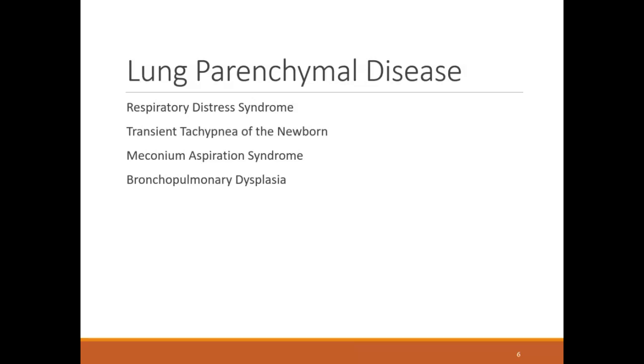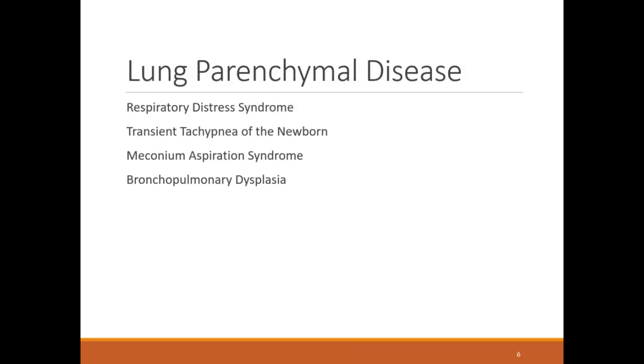So when we're talking about neonatal respiratory disorders, the main category is going to be disorders of the lung parenchyma, which is the lung tissue. The first one that we're going to cover is respiratory distress syndrome. This is very similar to adult respiratory distress syndrome, where you have airway inflammation and collapsing of the alveoli.